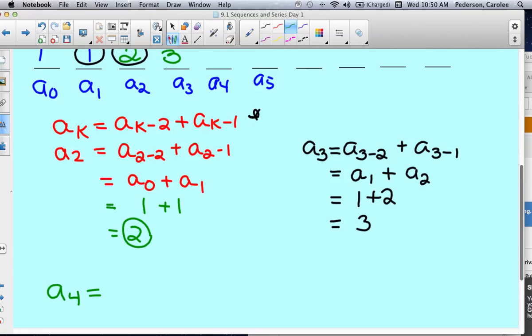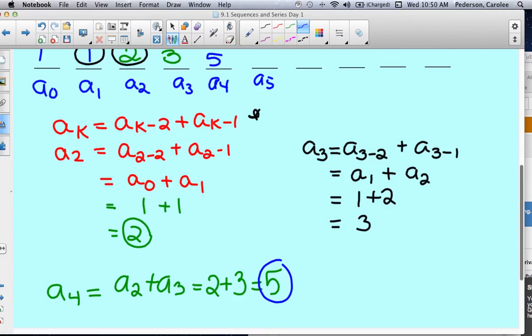To find a sub 4, I'm going to take a sub 2 and a sub 3. So those two terms are 2 and 3, which is 5. So here is 5 going right up into term 4.